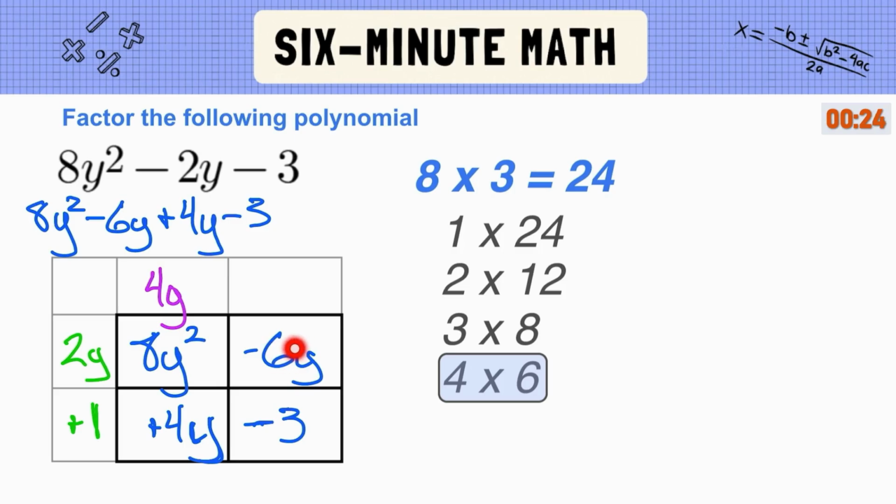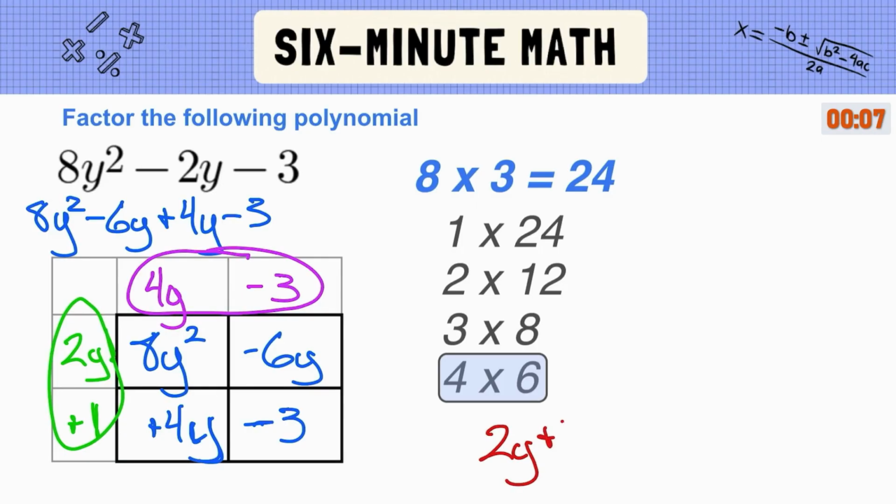And then negative 6y minus 3 factors to negative 3. We have our outside terms, 4y and 2y plus 1, giving us a final answer of 2y plus 1 times 4y minus 3.